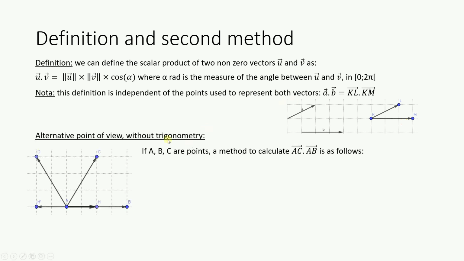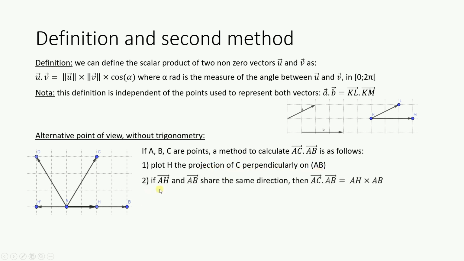If I don't want to use cosine and trigonometry, what we noticed before was that the only component which was important here was the horizontal one. So how do I get the horizontal component of vector AC? I just need to drop my point C on the line AB and I get H. H is called the projection of C perpendicularly on AB, right?